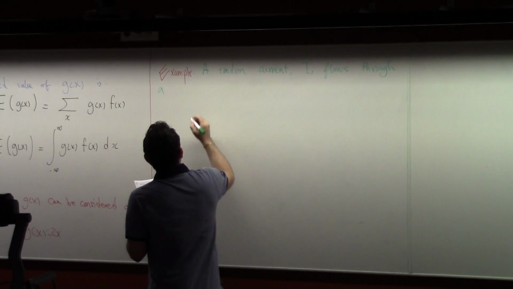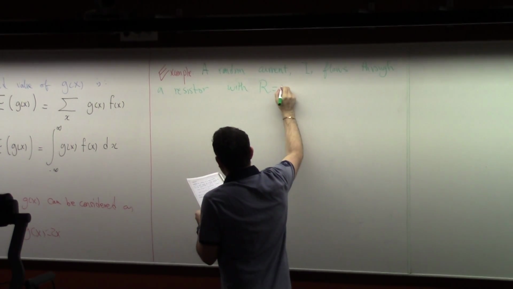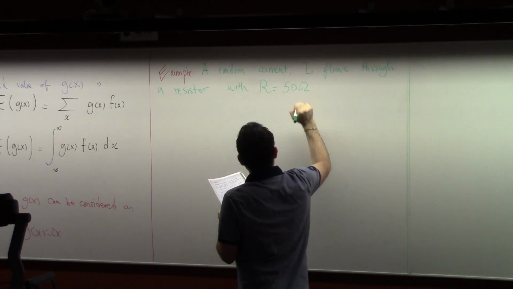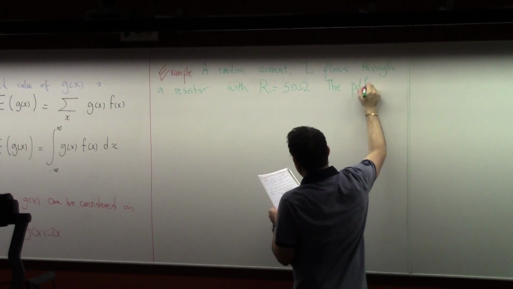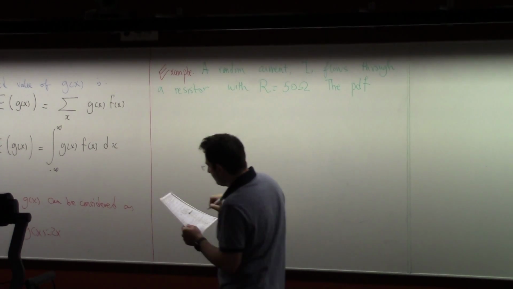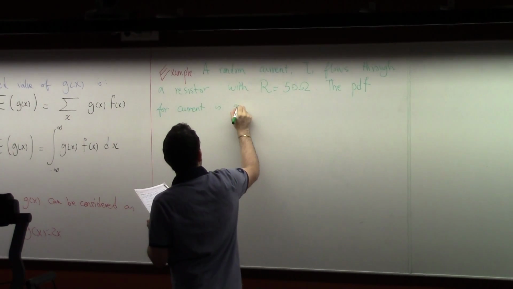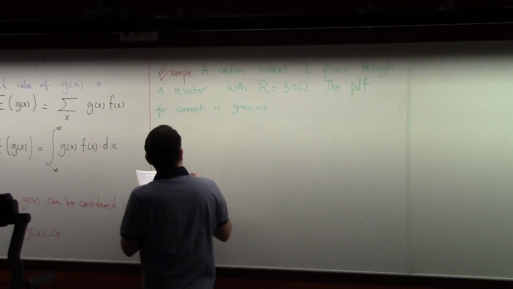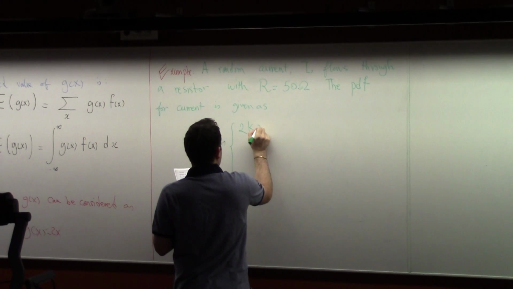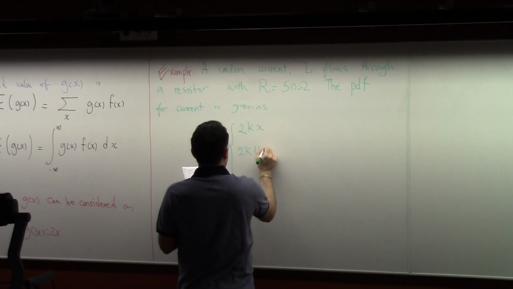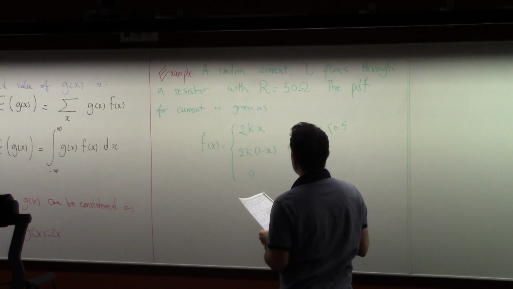A resistor with R equal to 50 ohm. Then the probability density function for the current is given as: if x is between 0 and 0.5, it is 2kx.